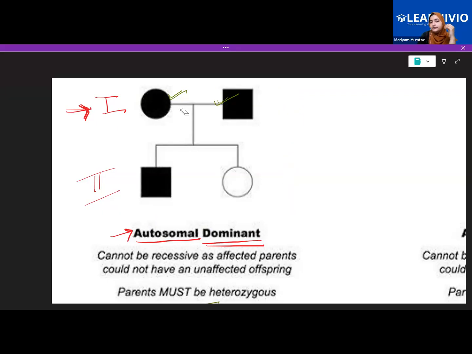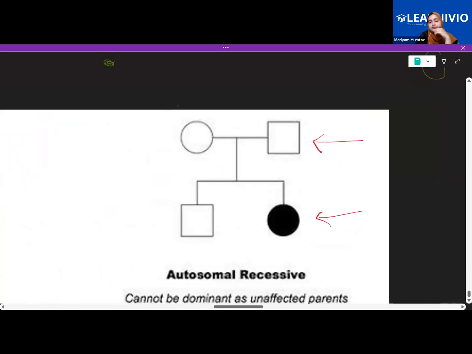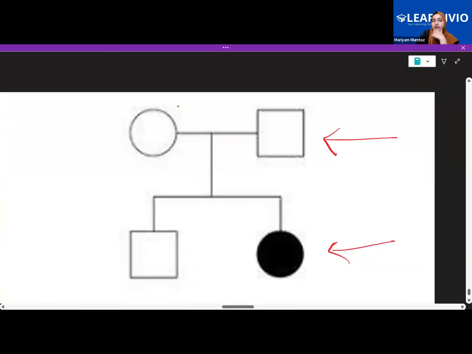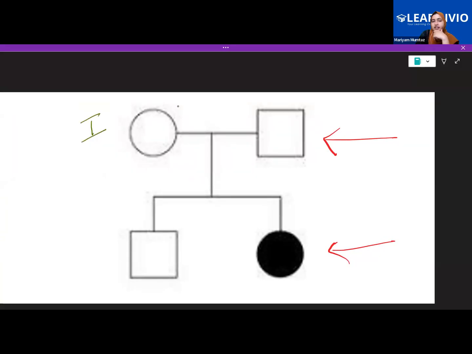Clear? Now if you see this case, first of all, the first generation doesn't have anyone affected. The second generation has. So is this dominant or recessive? Recessive. It is recessive because a generation is skipped.